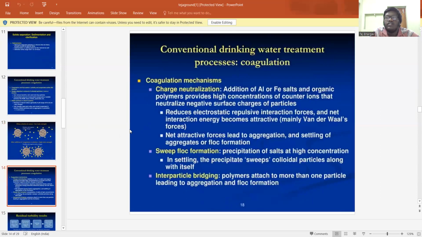Next, the conventional drinking water treatment process: coagulation. The coagulation mechanism involves charge neutralization.